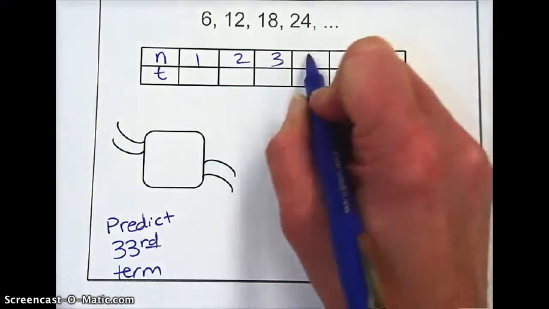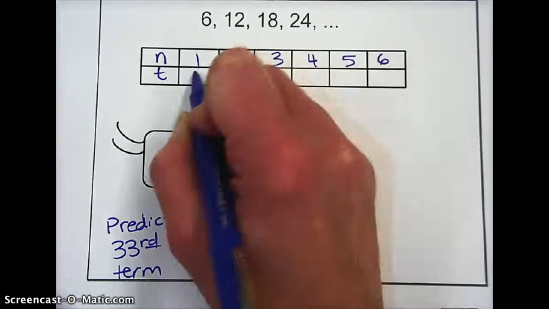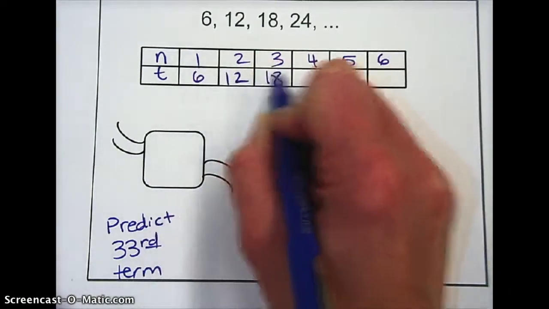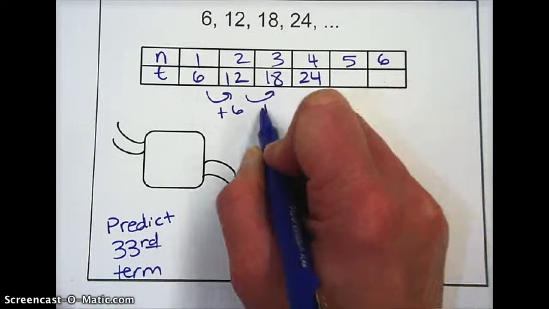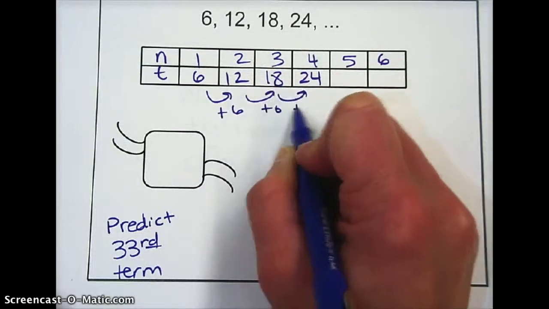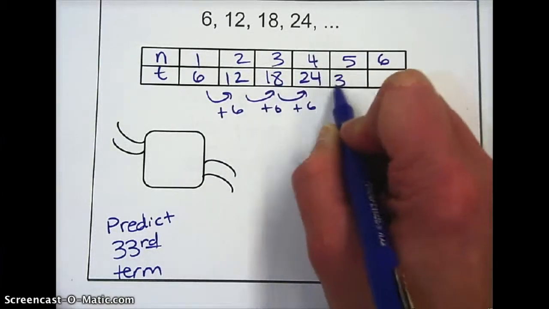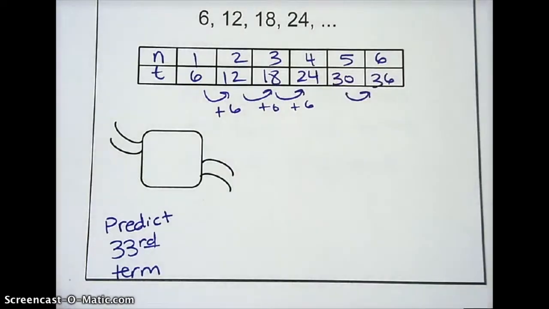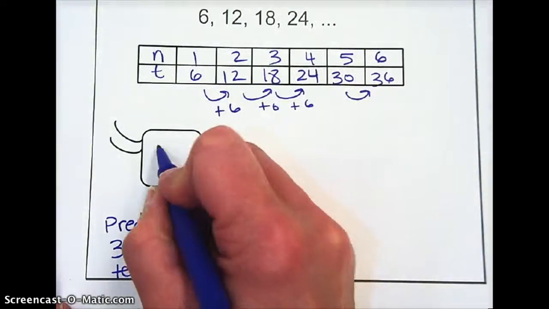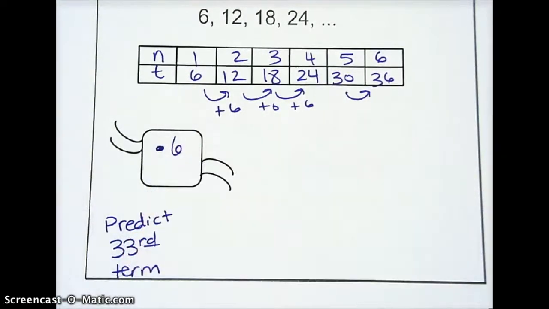Okay, hopefully you're back and you're checking your answers. Let's see, my rule looks like plus 6. So 24 plus 6, 30 plus 6. So since it's plus 6 each time, my function machine is times 6.